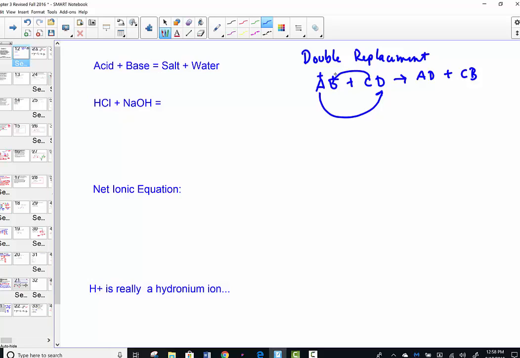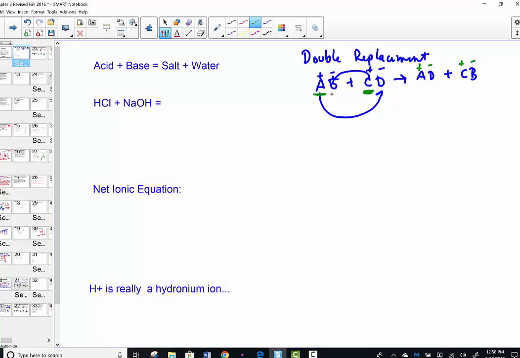A we know is positive, B we know is negative, because when we write formulas, positives are always written first. C is positive, D is negative. These two positive ions simply exchange places. A will go to D based on charge. C will go to B based on charge.